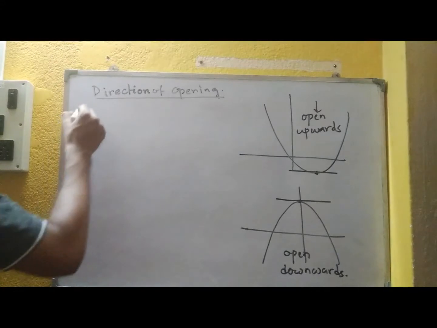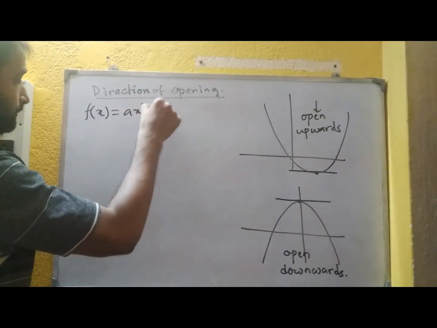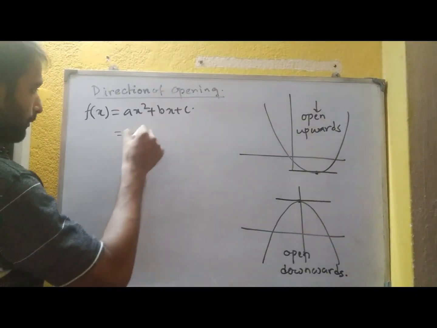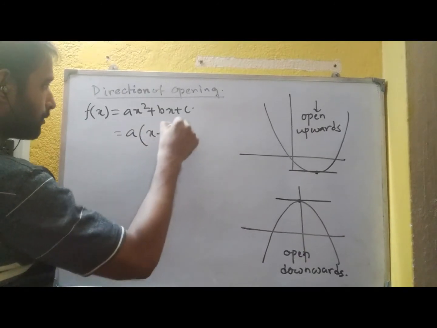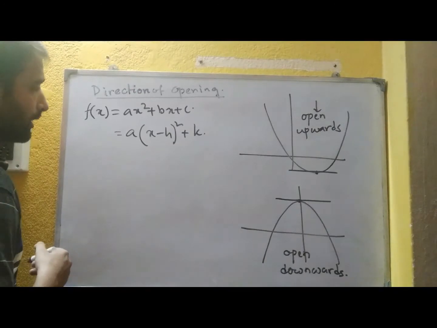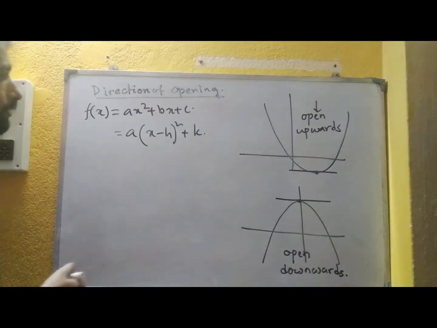So suppose we are taking the quadratic expression like this: ax squared plus bx plus c. Now we will try to express it in this form: a times (x minus h) whole squared plus k, where h and k are two constant numbers. And if you can express it like this, then it will be helpful to find the maximum and minimum value.